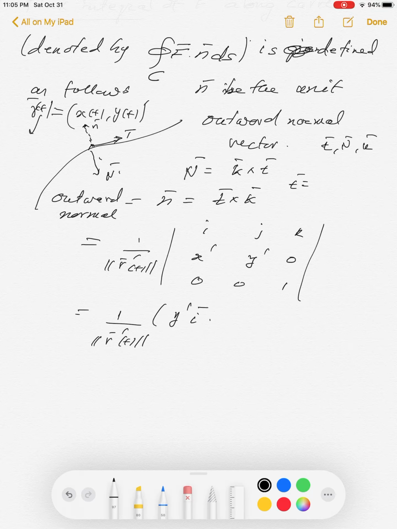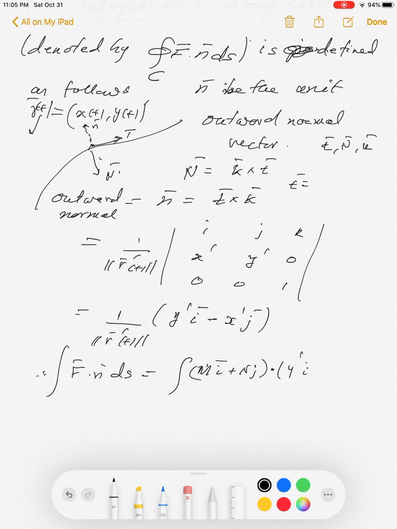So it's going to be 1 over the norm of r bar prime t. And then if you calculate this, this is just going to be y prime i bar minus x prime j bar. So therefore, the integral of F bar dot n bar ds will be the integral, where the function F is M i bar plus N j bar, dotted with y prime i bar minus x prime j bar.